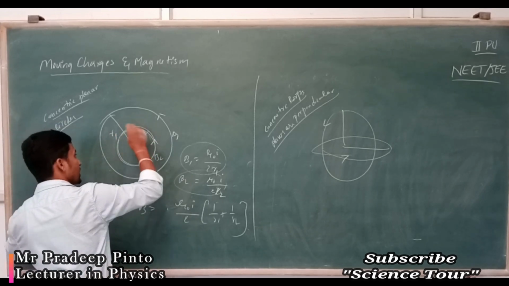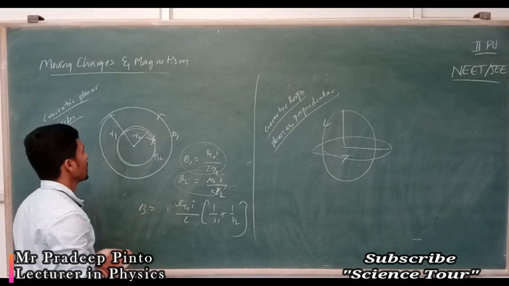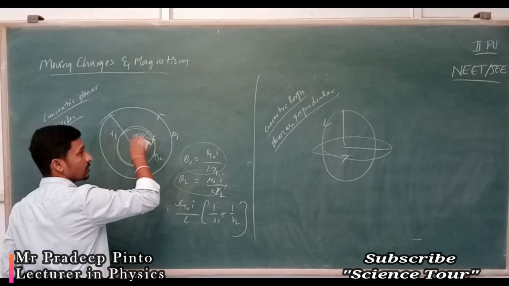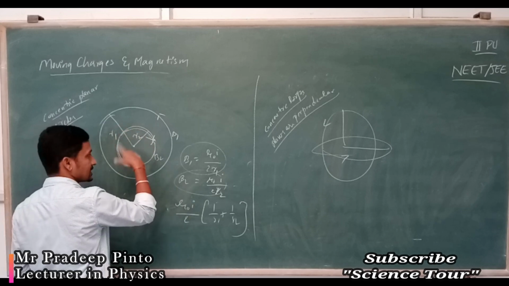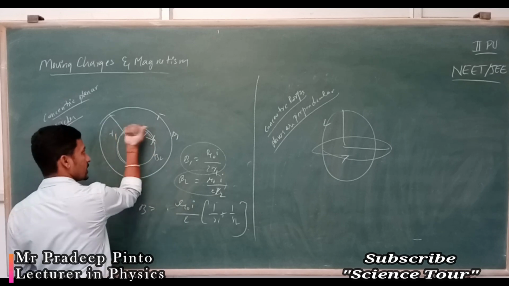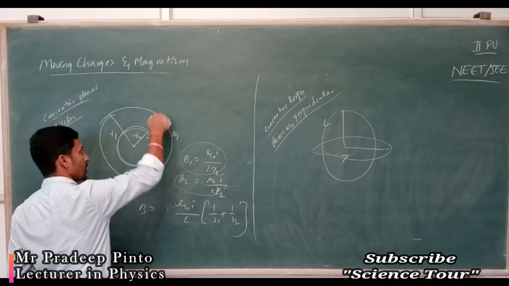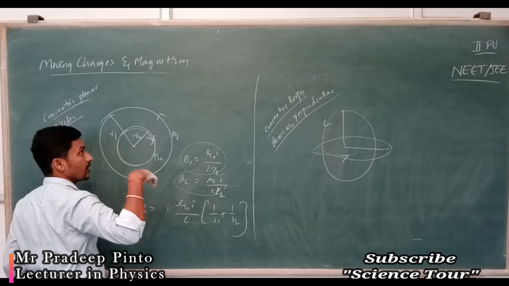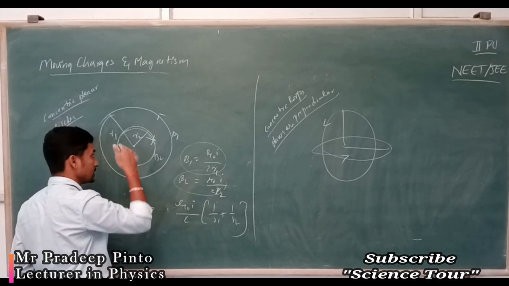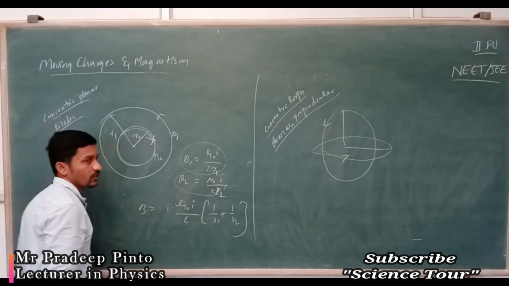Because of the smaller circle the magnetic field is inside the board and the other magnetic field is outside the board, but the total magnetic field is in the direction of the higher magnetic field, that is inside the board. That subtraction you have to do.